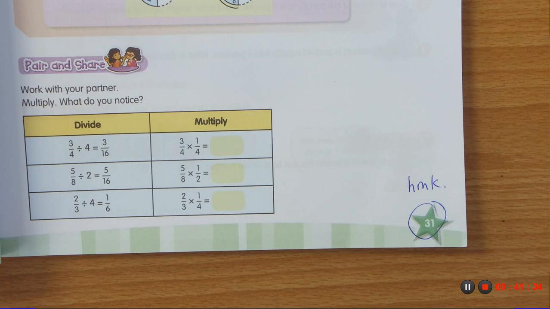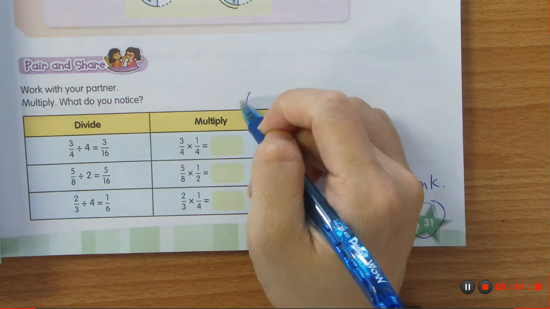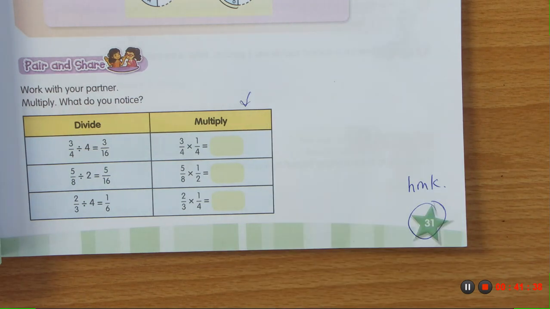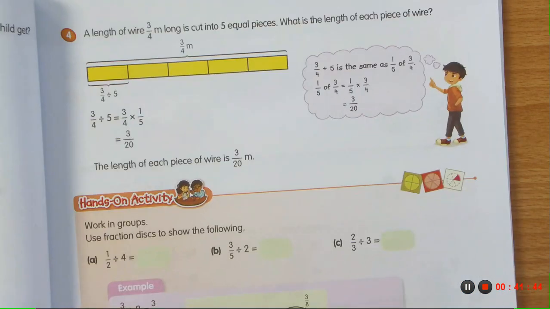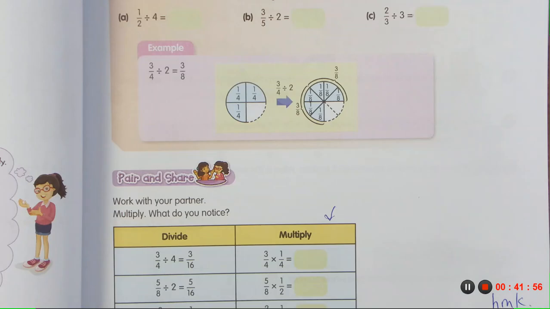Is that clear? Then try to solve the questions here. Okay? Can? Is it okay? Read from page 26 to 31 and then complete this one. I will be checking whether you did your reading. Okay? Okay, get ready.